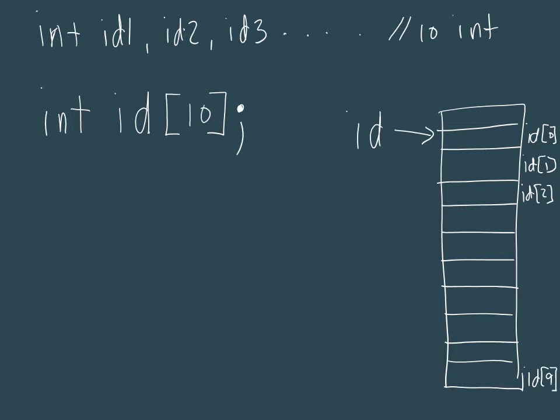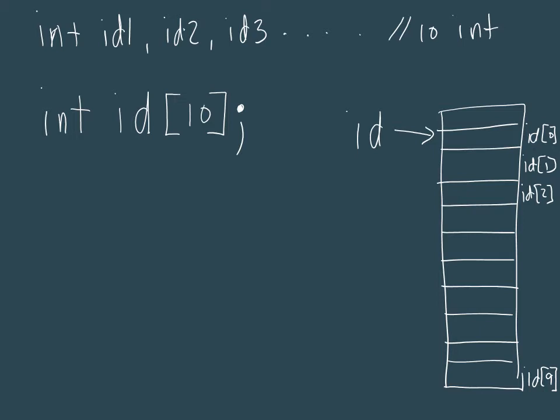This is called an array, and it's very good for storing data, because if you have a bunch of information and it's very similar, rather than have to have a separate variable for each one, you can now get a whole series of information.